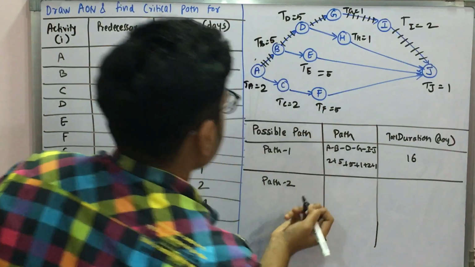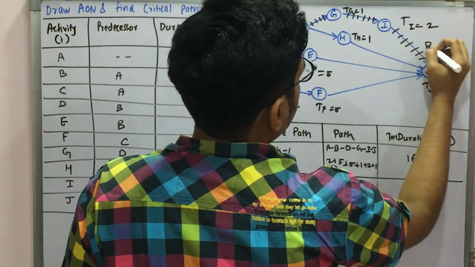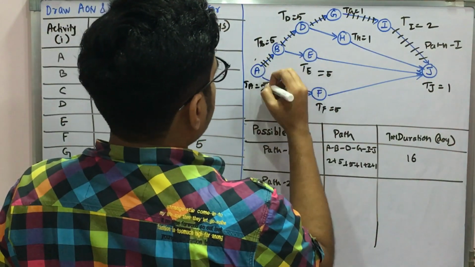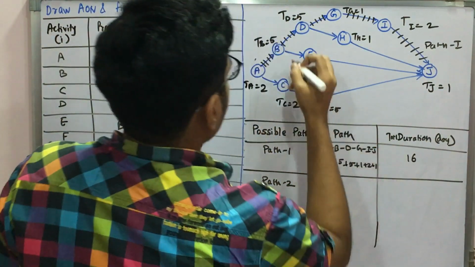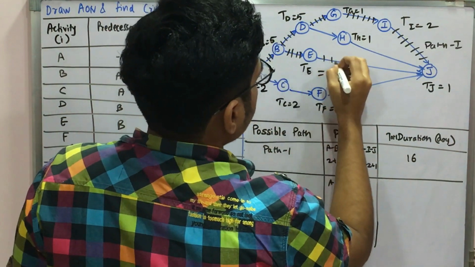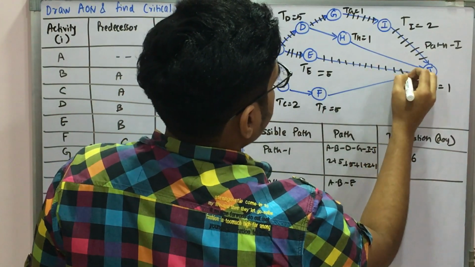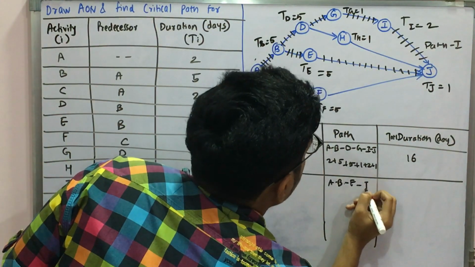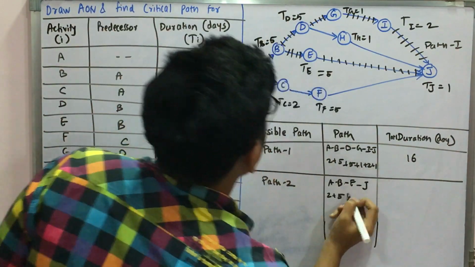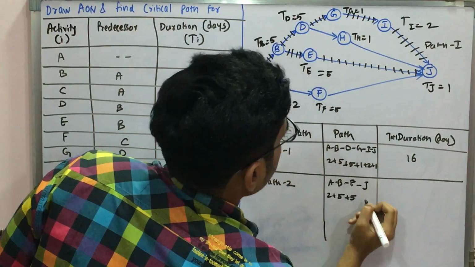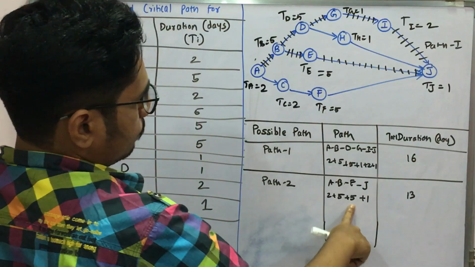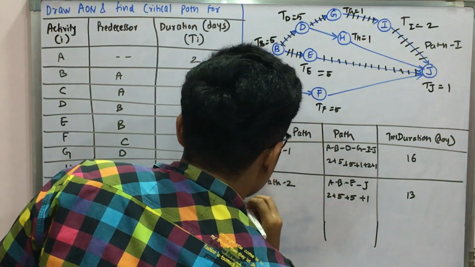Next we have path 2. Here we have A to B going this way, then B to E, the second branch, then E to J. So it will be 2 plus 5 plus 5 plus 1, that is 5 plus 5, 10, 11, 12 and 13.